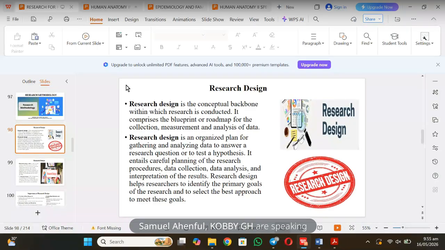Cross-sectional is stressful. Prospective is stressful. It's fine you are thinking in that direction, but all research will stress you. All research comes with stress. Even the proposal alone, even the research course alone is stressful. So all research, no matter the design, is stressful. So it will not necessarily reduce stress.